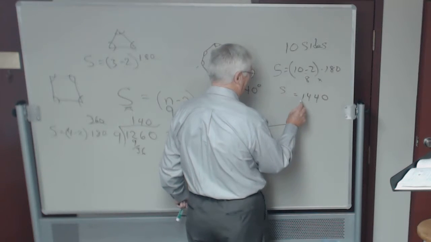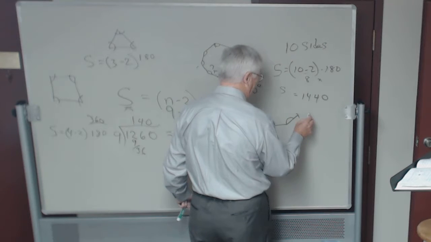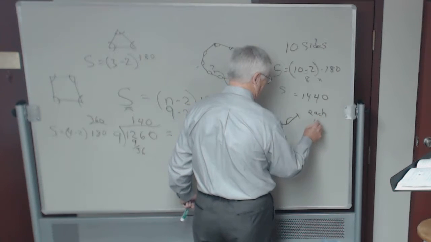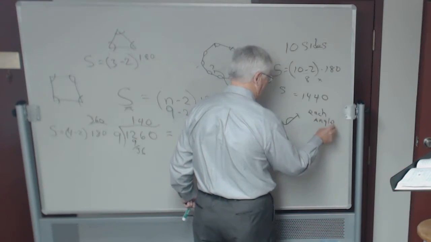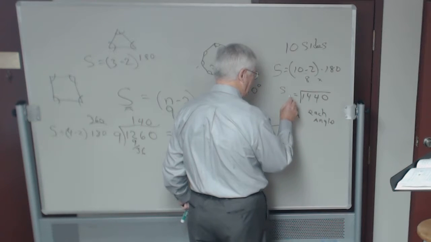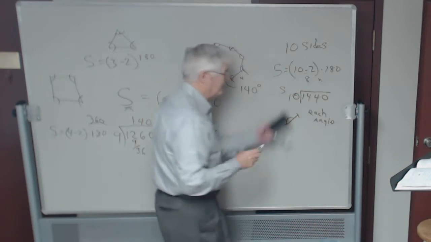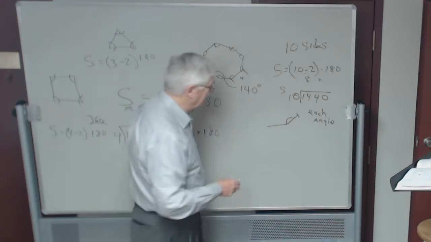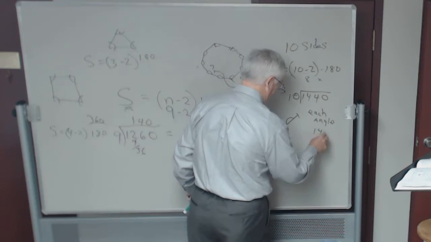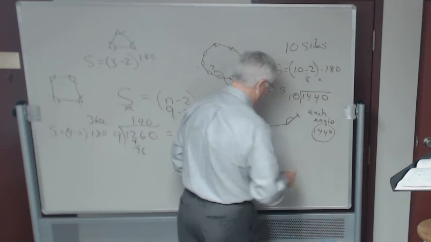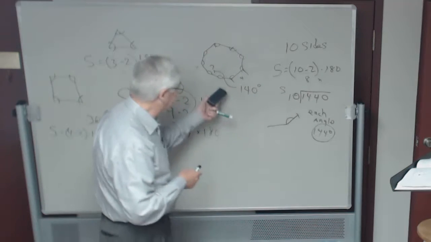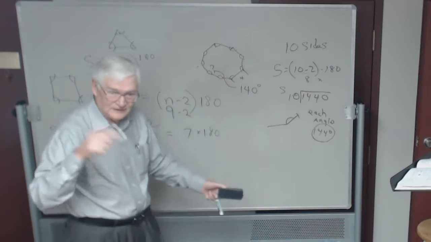So what would it be for each of the angles? Divide that by what? 10, because there are 10 sides. And that would be 144. So if it has 9 sides, it's 140 degrees. If it has 10 sides, it's 144.